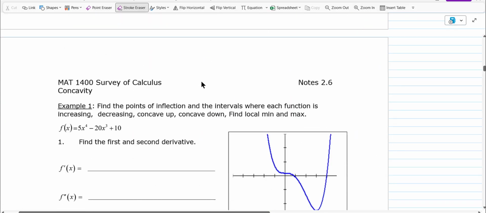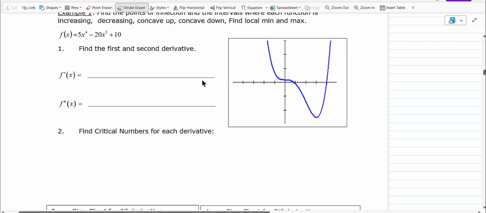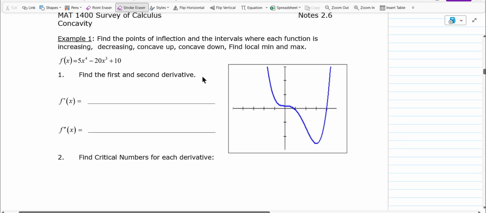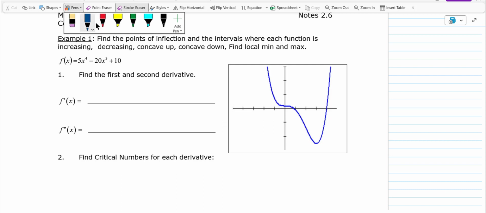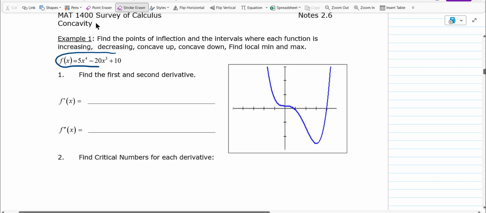Before we take a break, I want to get through an example to start us off. Now we've got a basic function that's easy to work with because you use the power rule when you do the derivative. We're going to put a lot of things together on this problem.